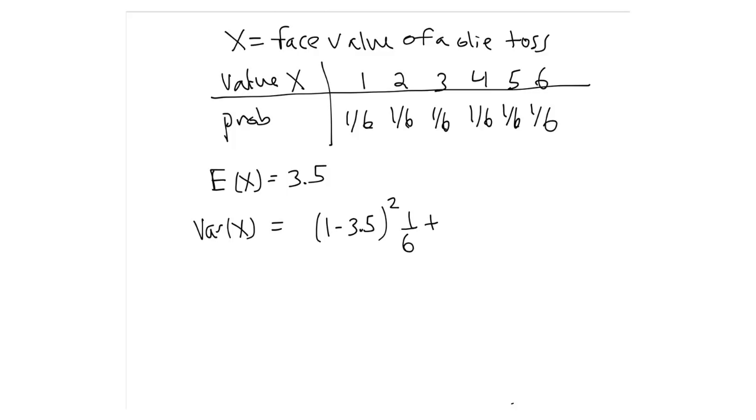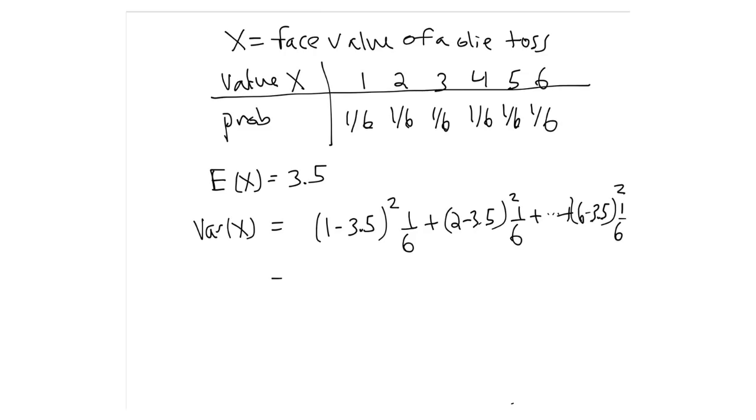And then the next term is 2 minus 3.5 squared times its probability, 1 over 6, all the way down to 6 minus 3.5 squared times 1 over 6.